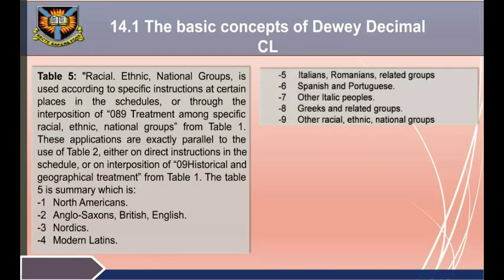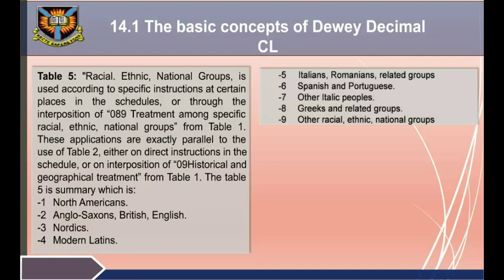Table 5. Racial, ethnic, national groups is used according to specific instructions at certain places in the schedules or through the interposition of 089 treatment among specific racial, ethnic, national groups. These applications are exactly parallel to the use of Table 2, either on direct instructions in the schedule or on interposition of historical and geographical treatment.